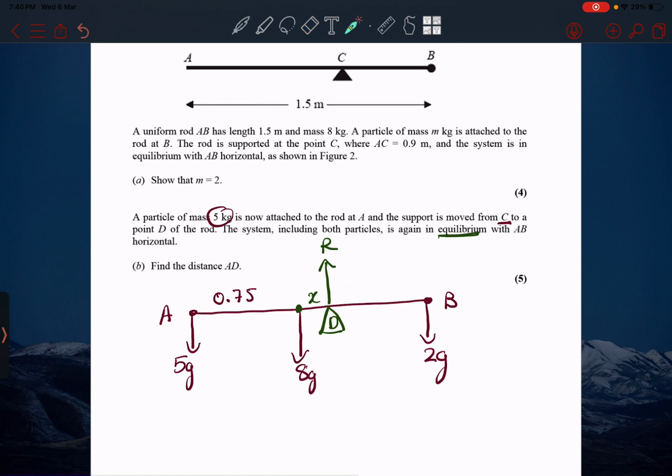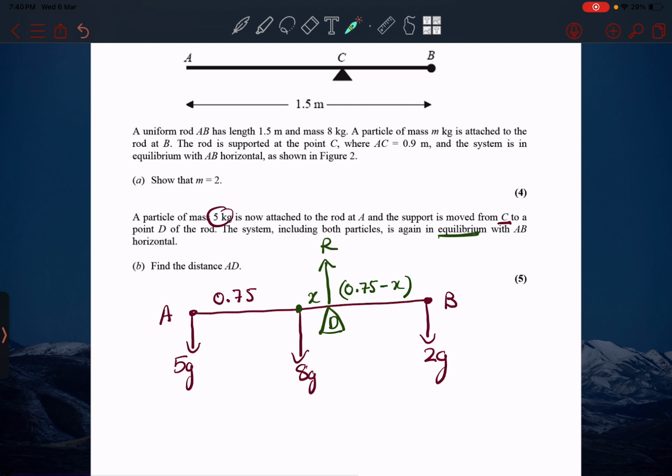Now, a mistake that I made: if you leave your picture like that, you might be tempted to think this is 0.5, but no, we know that the half is 0.75, meaning the remaining distance would now be 0.75 minus x. So make sure that you are getting the lengths right on your diagram. Once you get that right, then this should be a breeze. So we have to find what x is.